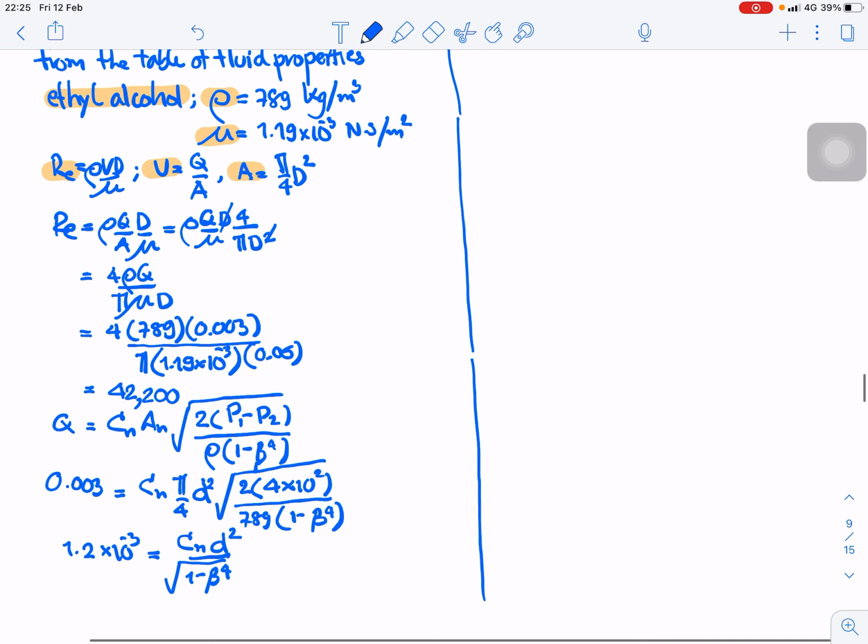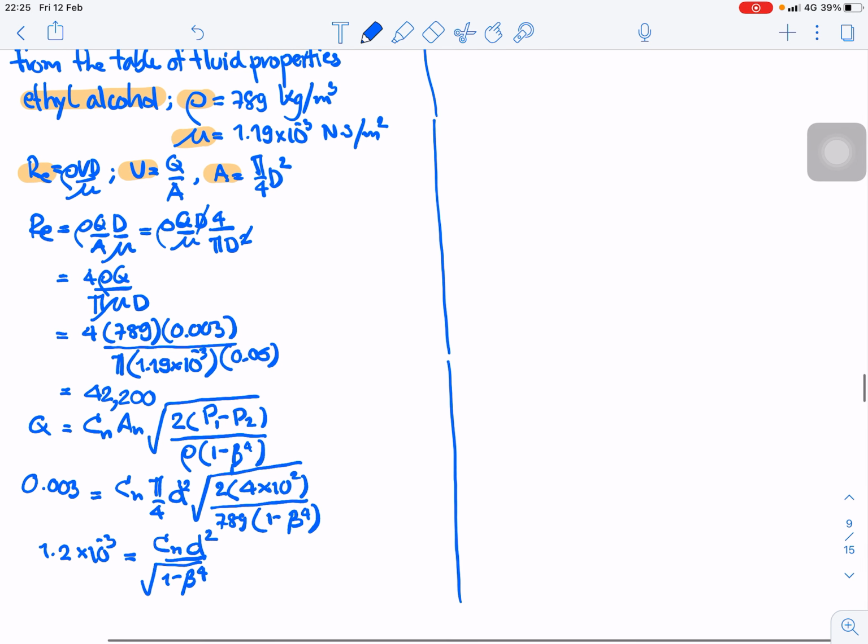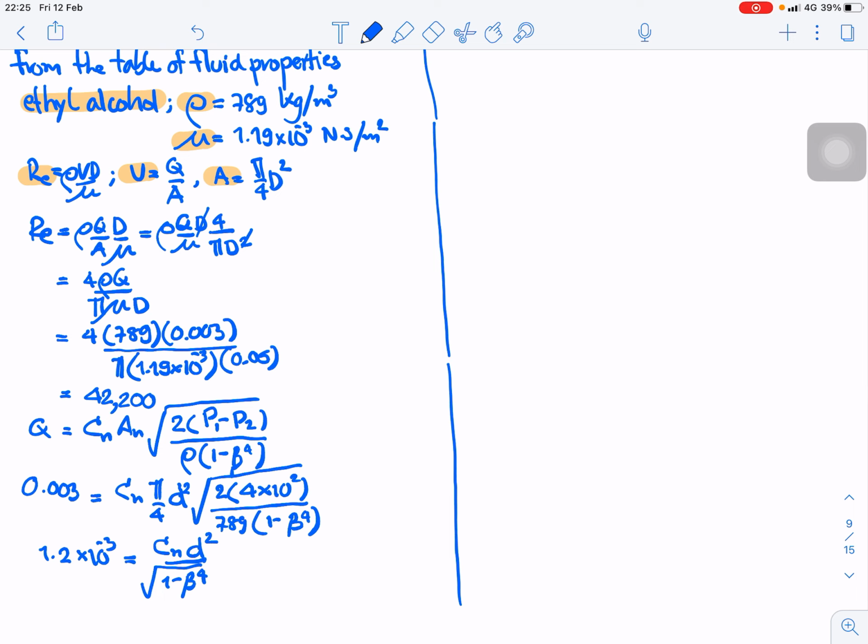So in this case, beta is equal to the small d divided by D, that is, d unknown divided by the diameter of the pipe. So we have two unknowns, Cn and d, so we can't solve directly. This equation we have to solve using trial and error.